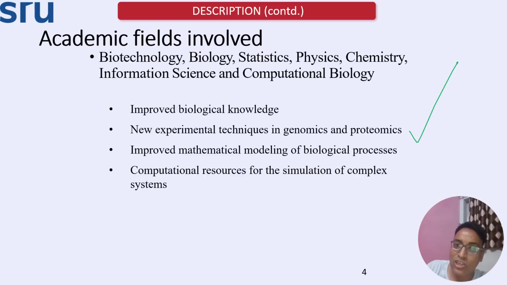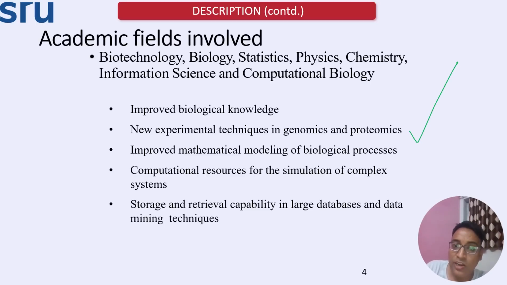We also get computational resources for the simulation of complex systems. People have been writing very complex codes and building tools which biologists could not even dream of, and all these tools help biologists work better. So computational biology and biological experiments go hand in hand to get the required data sets.